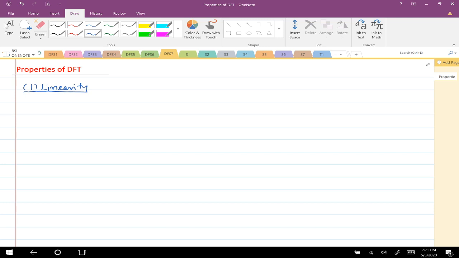Assume that you have two signals, let's say x1 of n, starting from 0 to n1 minus 1. You could see here the length L1 of that signal is n1.